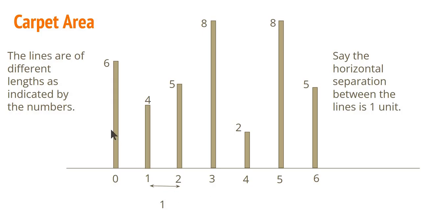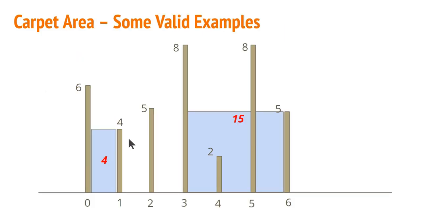Now with these lines available to me, what I'm interested in is the largest carpet that I can fit inside this structure, so that the carpet is nicely bounded by the lines it's touching. For example, if I want to place a carpet between these two lines, 6 and 4, the carpet can be only of this size, because the carpet has to be well bounded.